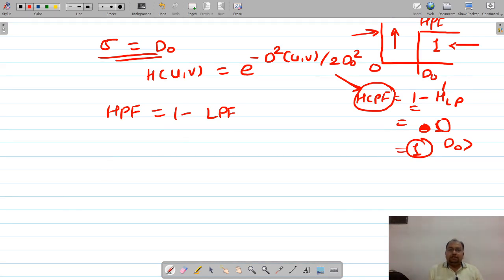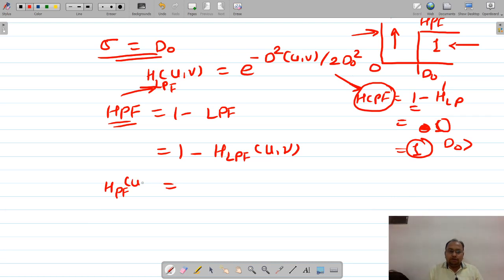If I apply the same relation to the Gaussian filter, taking the frequency domain equation of the low pass filter H_LPF(u,v), then 1 minus this gives the equation for the high pass filter: H_HPF(u,v) = 1 - e^(-D²(u,v)/2D0²).